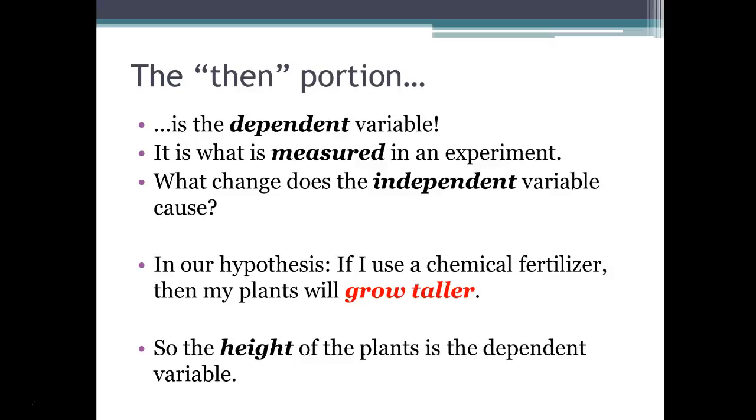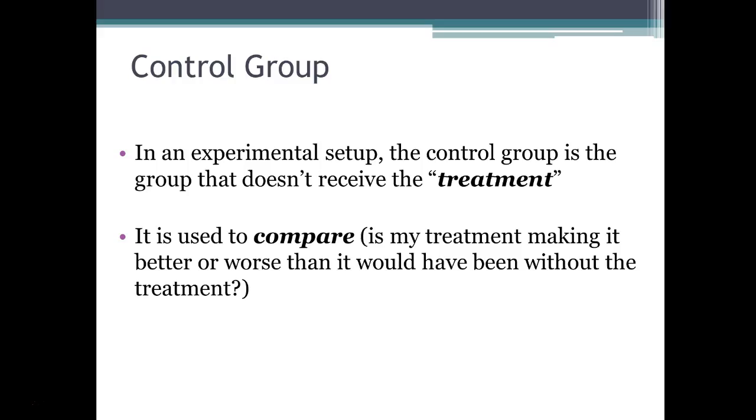Going back to the hypothesis, if I use a chemical fertilizer, then my plants will grow taller. Certainly if you set this experiment up, you're going to measure the growth of the plants. And so the growth or the height of the plants in this example is the dependent variable.